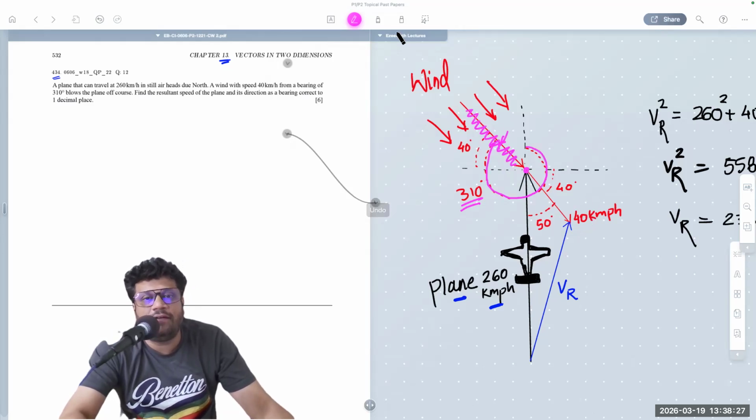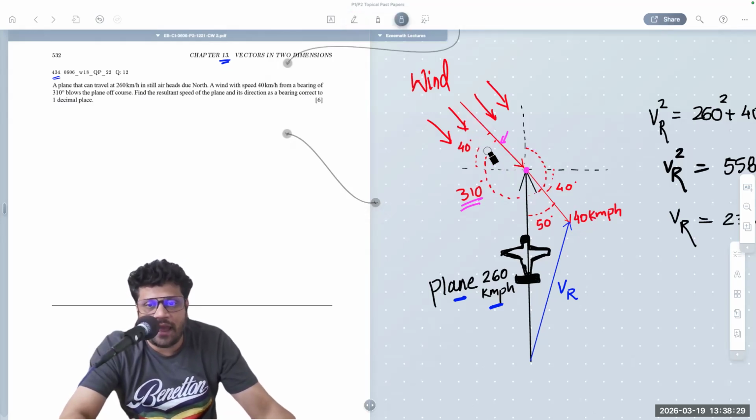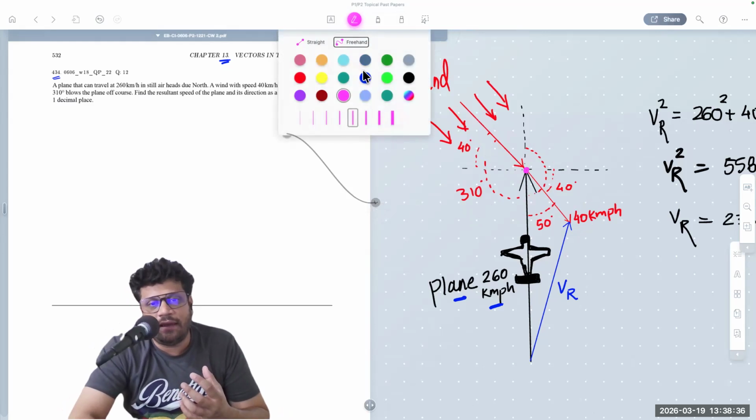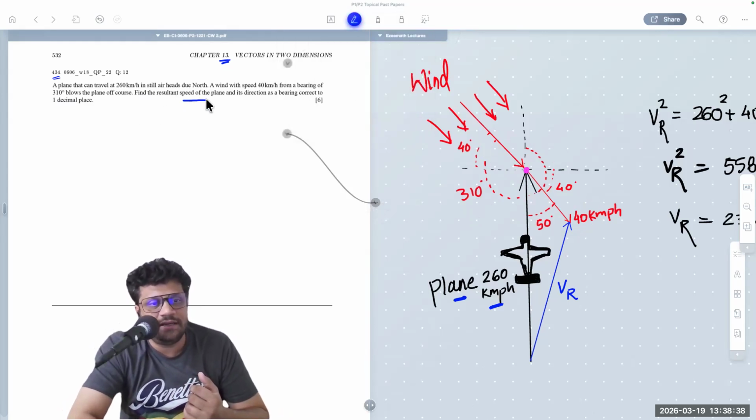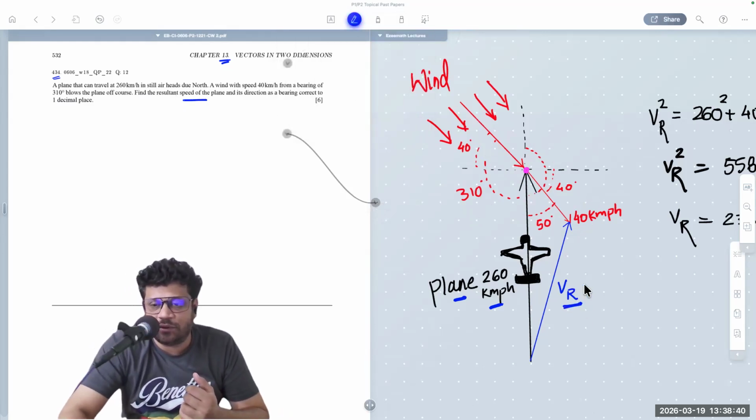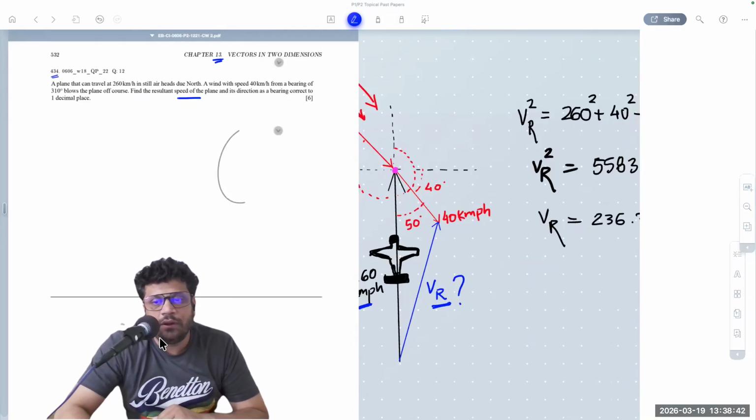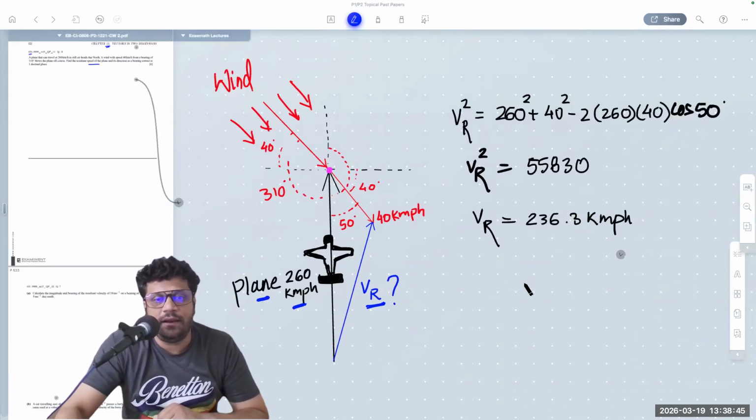So now I have the angles and I have the triangle drawn properly. I can go about finding anything they have asked for. They ask for the resultant speed of the plane. So there it is. This is what they're asking for. So I'll use the cosine rule here.